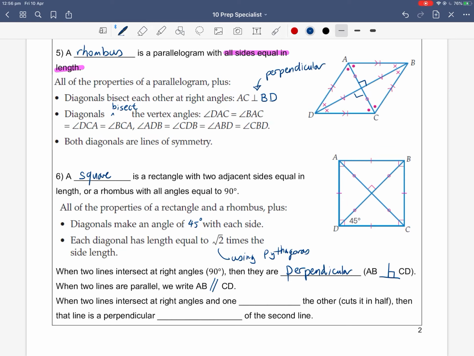And when two lines intersect at right angles and one bisects the other, so remember bisecting means to cut it in half, then the line is called a perpendicular bisector. So here are just some definitions of quadrilaterals and their properties.